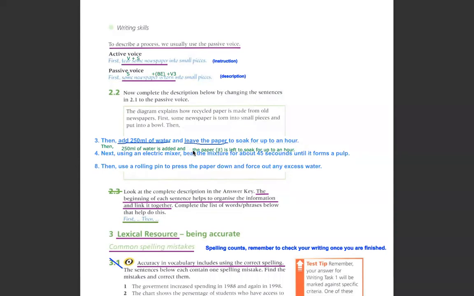Okay. So here often we're going to be using 2 passives in the same sentence. Let's have a look at sentence 4. So we can start it with next. Okay, I want you to complete the sentence in the chat box.